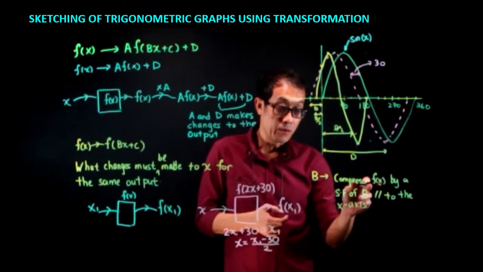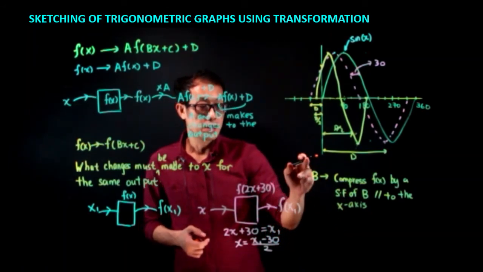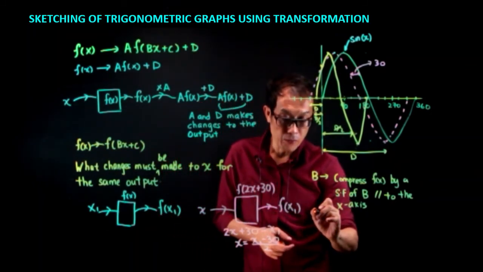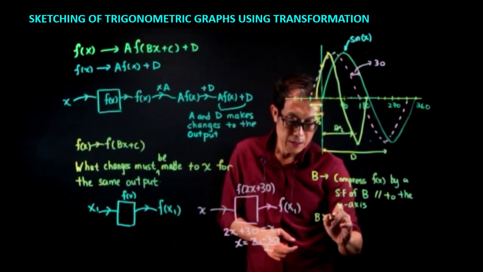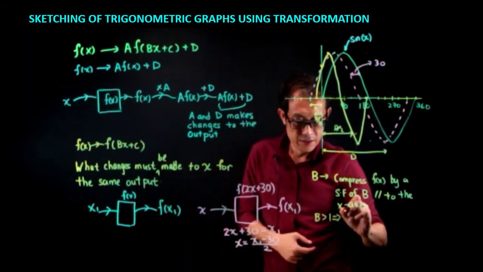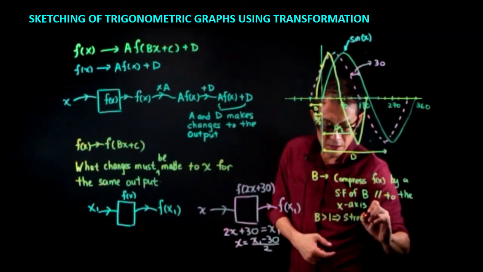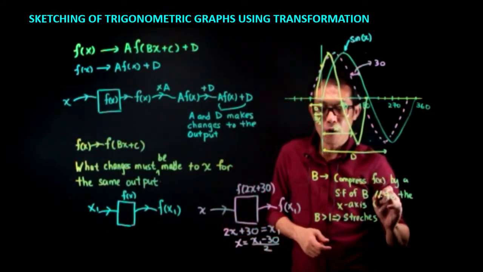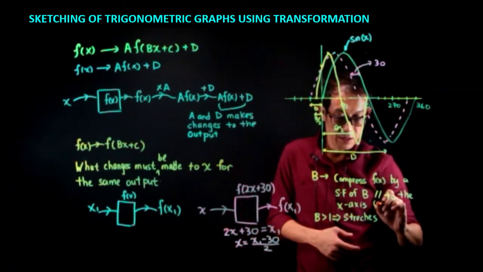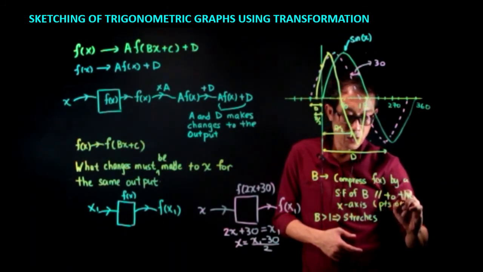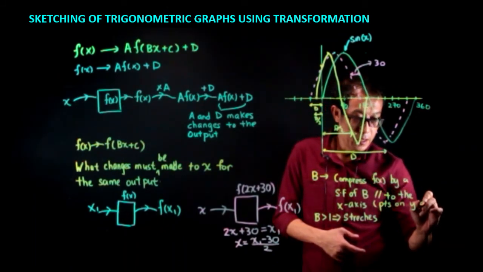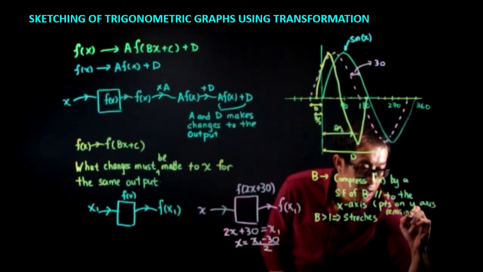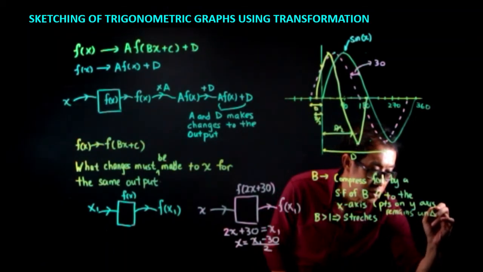Now if B is greater than 1, what will happen? If B is greater than 1, it implies a stretch. Now, points on the y-axis remain unchanged. This is the short form for unchanged.